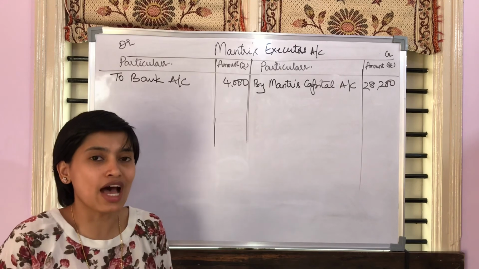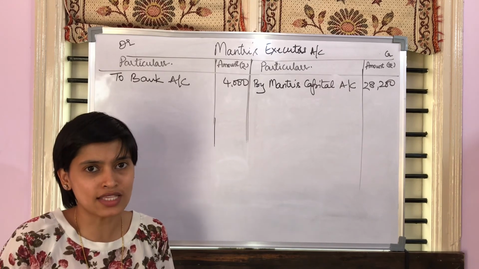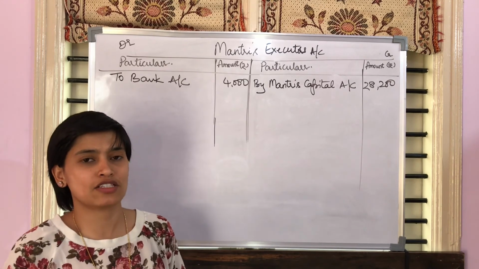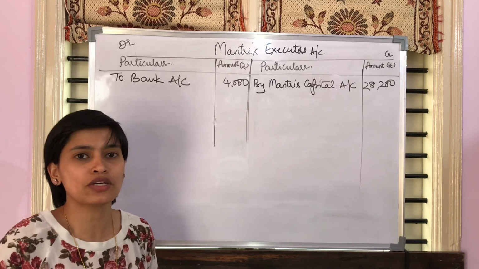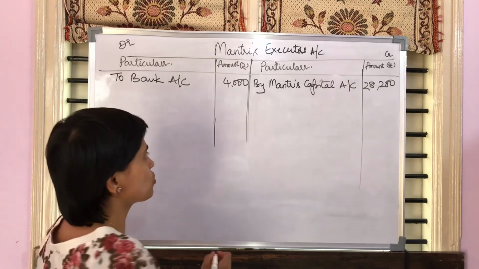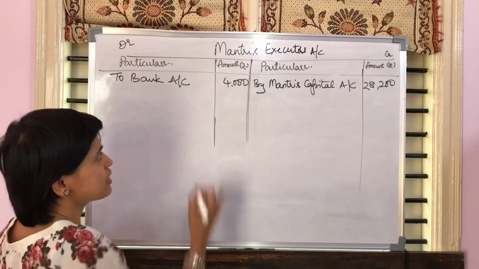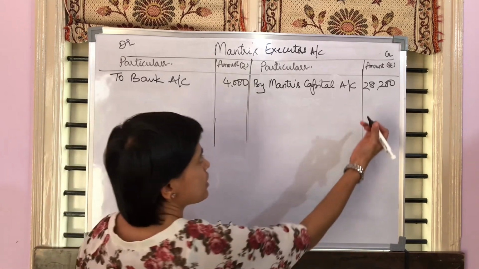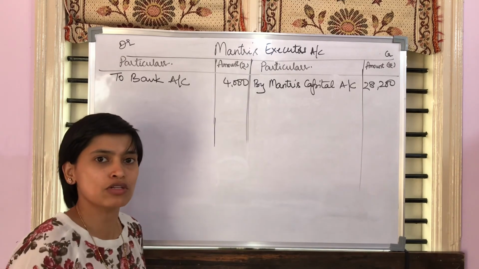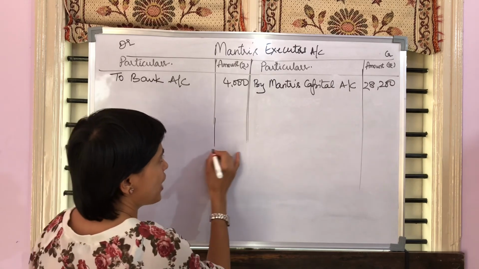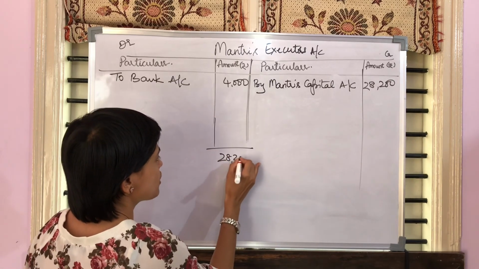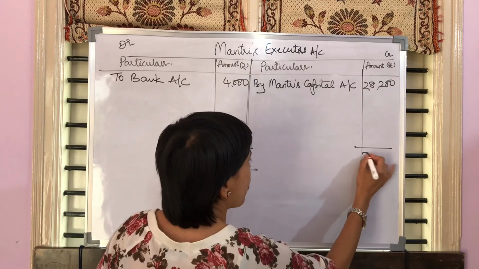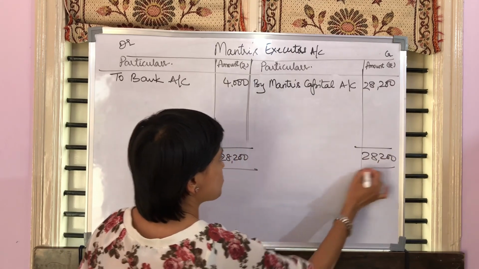Now, if you read the last part of the question, it says the balance amount is transferred to executor's loan account. So, let's do the balancing now. On the debit side, the amount is 4,000. On the credit side, the amount is 28,200. So, let's write the highest amount, which is 28,200, on both the sides.